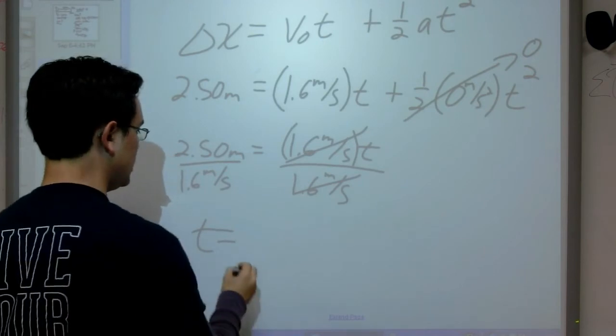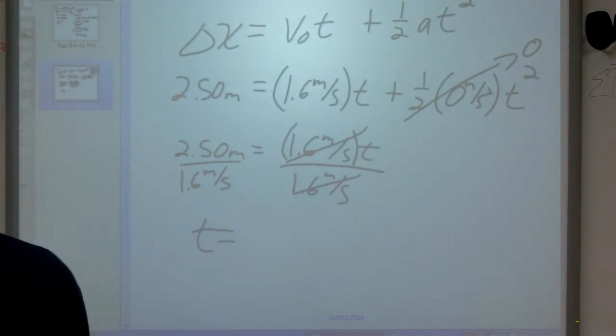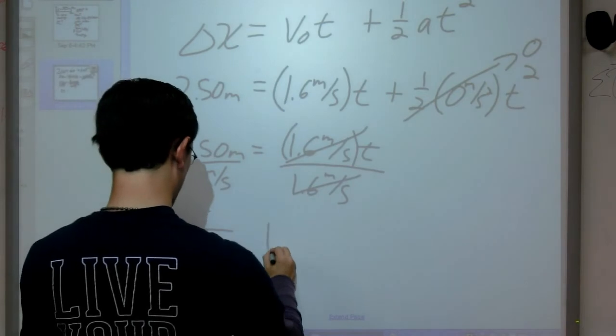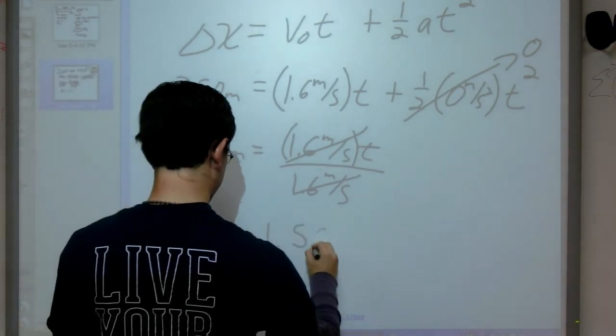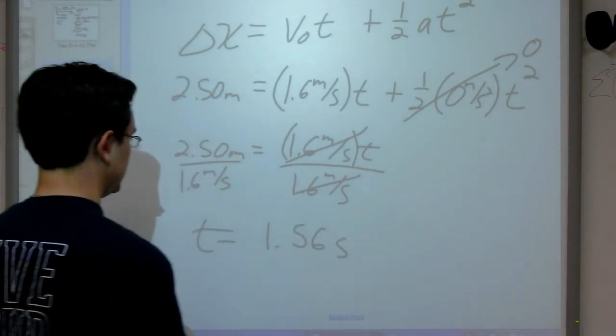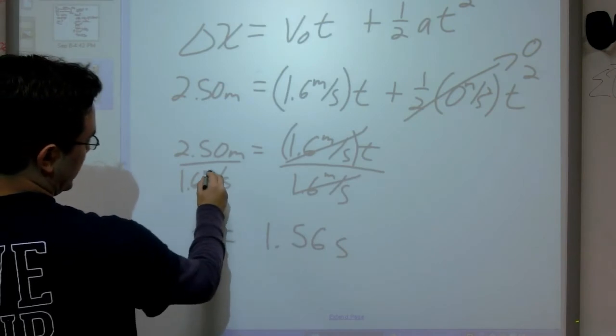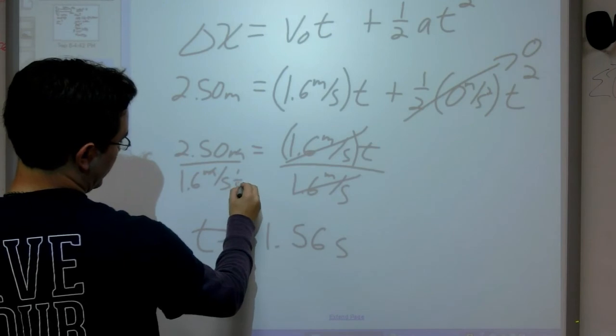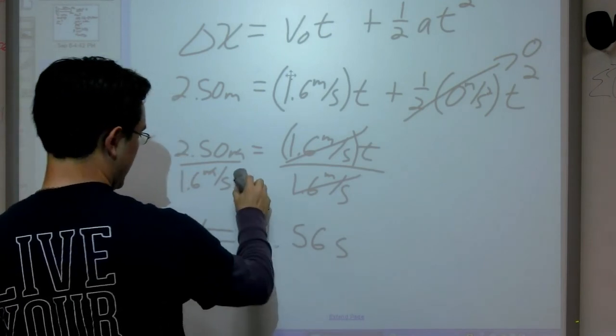Time equals 2.50 divided by 1.6, which equals 1.56 seconds. As we have meters per second, the meters cancel out. We have 1 over seconds in the denominator. That's what that is saying.